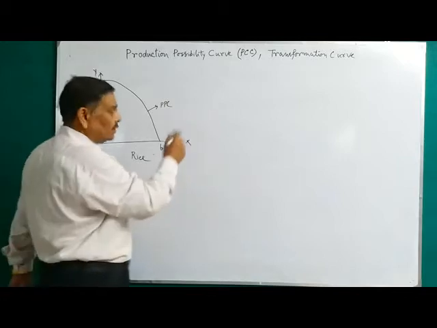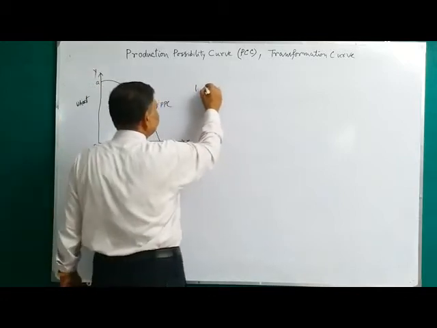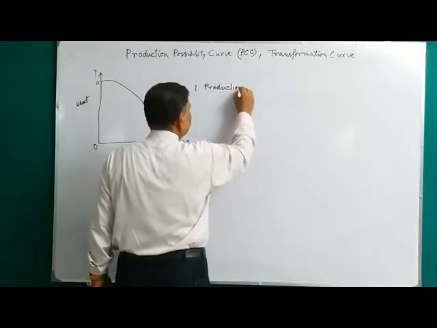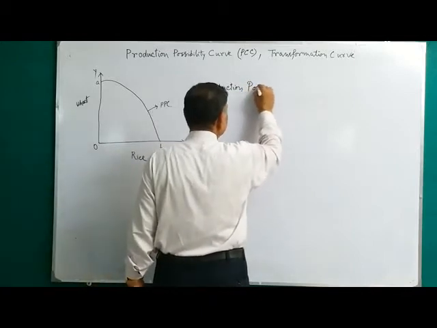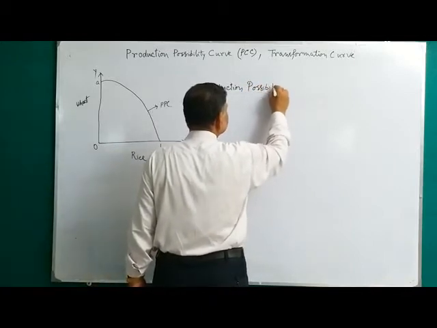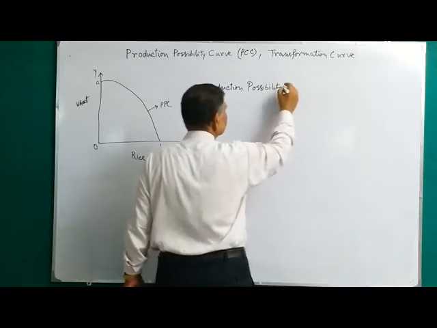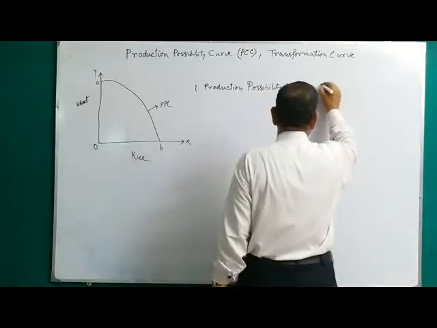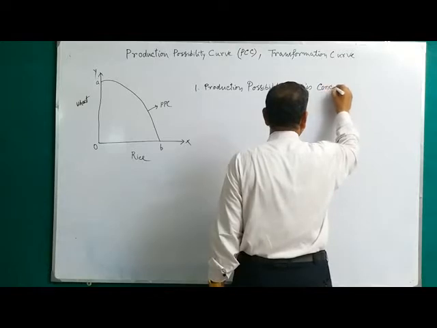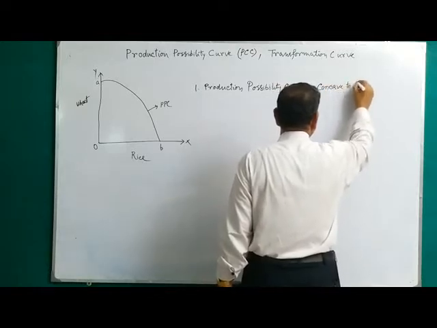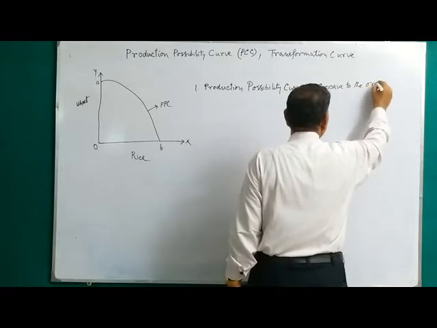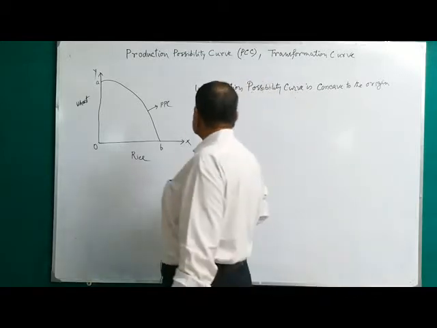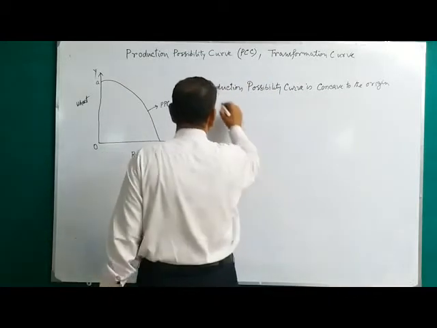It is number one: the PPC, that is the production possibility curve, is concave to the origin. Why? Because of MRS.